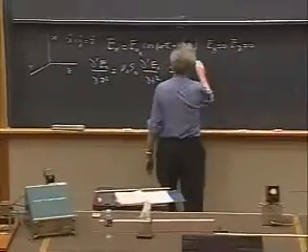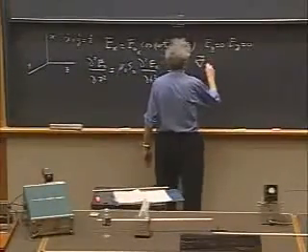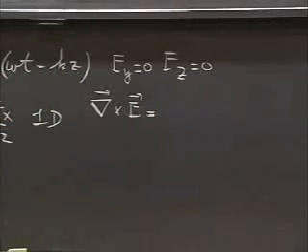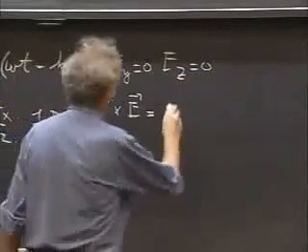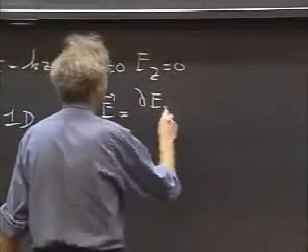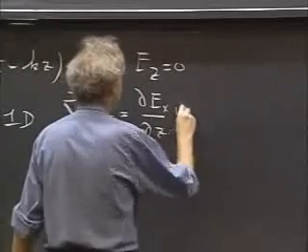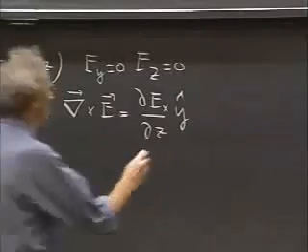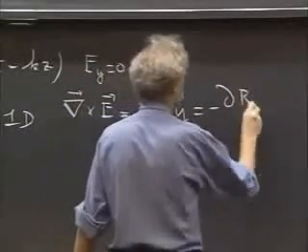So I'll write down here the curl of E. There's only one term that survives, and that is dEx dz. In the y direction, and that now must be equal to minus dB dt, because that is Maxwell.